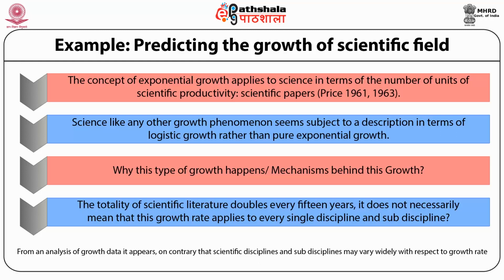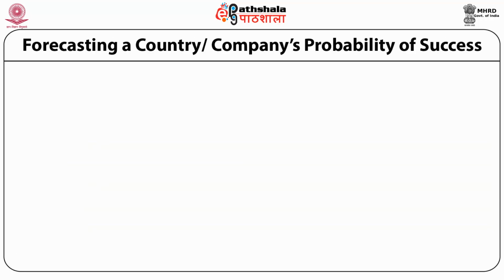So this type of trend analysis provides important indications of scientific research activity of a country or a research group. It demonstrates a country's or company's probability of success through patents.